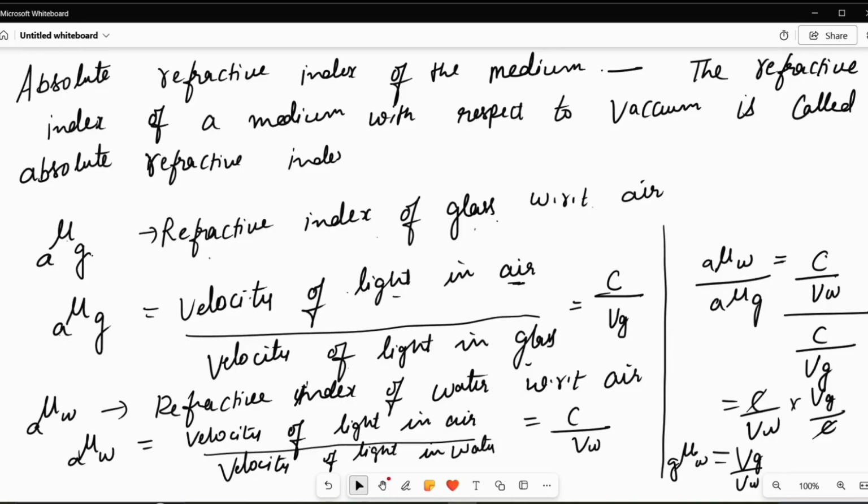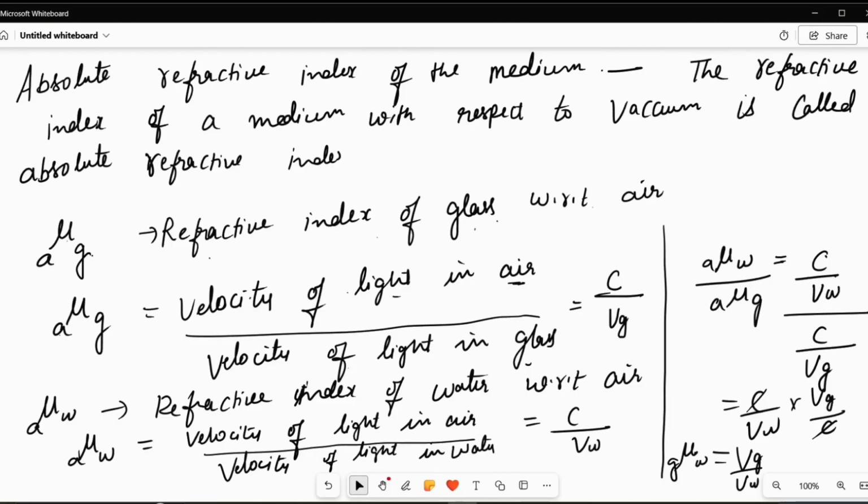And that will indicate how much it will bend. So from glass to water, we calculate velocity of glass by velocity of water, because the incident ray is in glass, refracted ray is in water. So that will give you the refractive index of water with respect to glass.